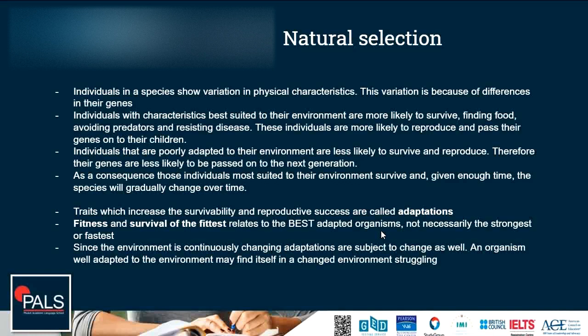On the opposite side, individuals that are poorly adapted to their environment are less likely to survive and reproduce. Therefore, their genes are less likely to be passed on to the next generation.